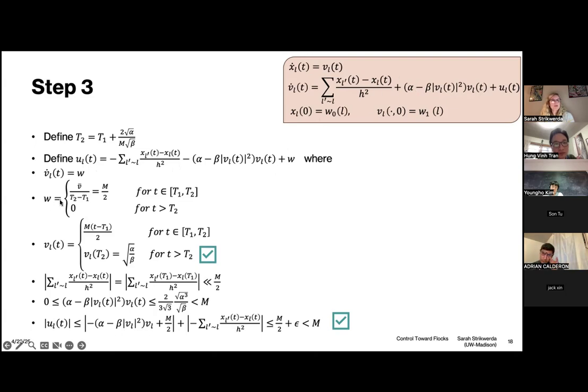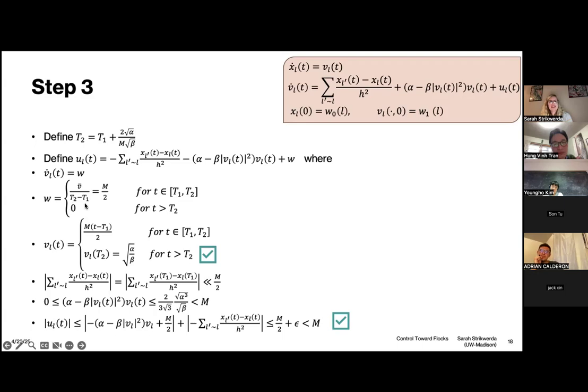And then the W I'm going to define is going to be equal to V bar over T2 minus T1, which is equal to M over 2 based on how I defined T2. And then we're going to define it as 0 once we're past T2.